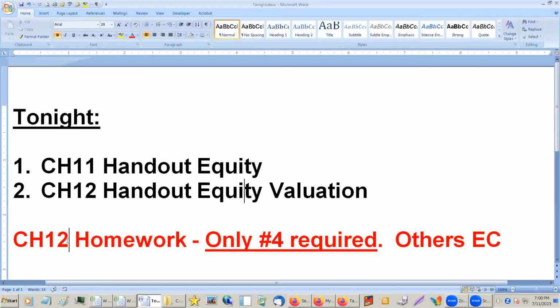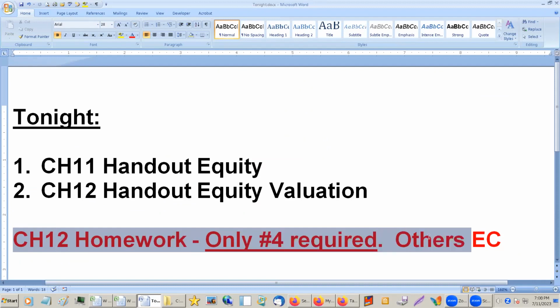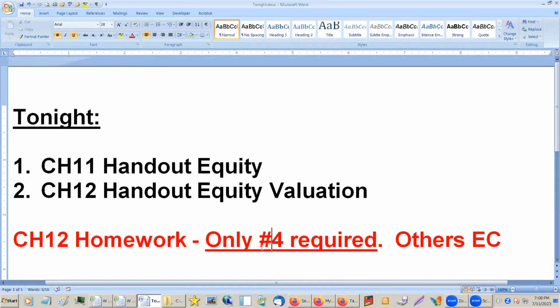Now remember this chapter 12 homework. Number 4 is going to be similar to what we did on the chapter 12 handout. The other parts of it are a little more in depth. You can look them up, you can do them, and there'll be extra credit if you do them. They're 10 points each. You don't have to do them, obviously. The extra credit points will not be in my business course, they'll be in Blackboard.